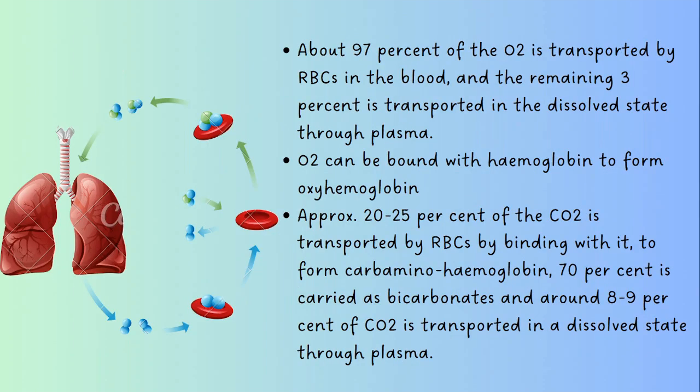Now let's see how oxygen and carbon dioxide are bound in the blood. So about 97% of the oxygen is transported by RBCs in the blood. Okay, red blood corpuscles. So the remaining 3% is transported in the dissolved state with plasma.